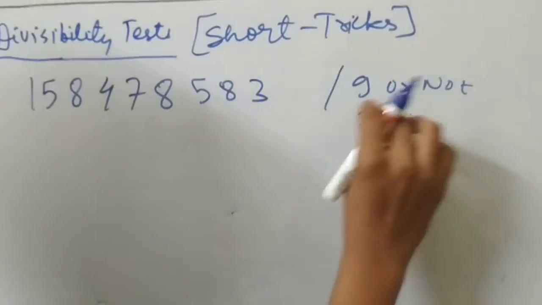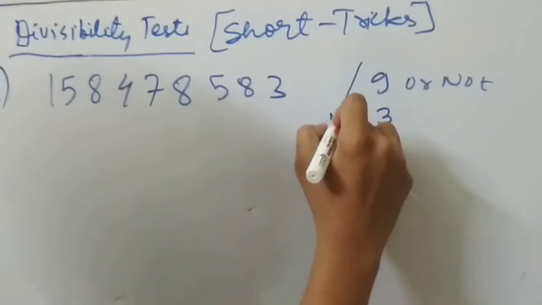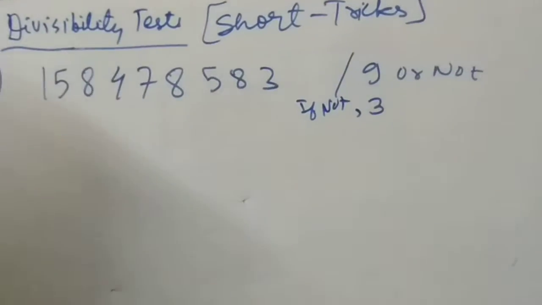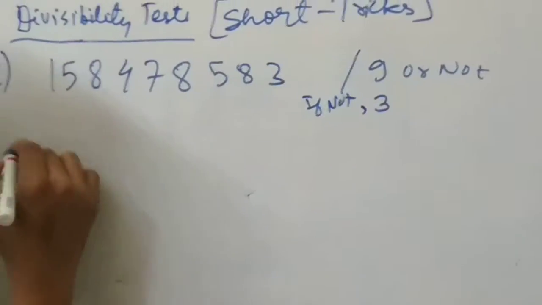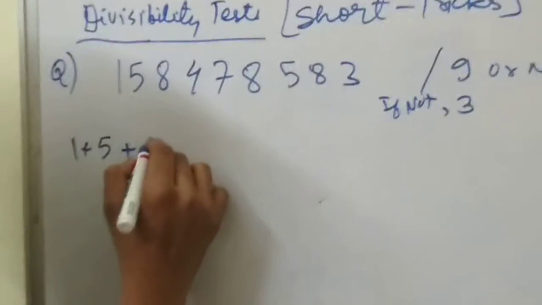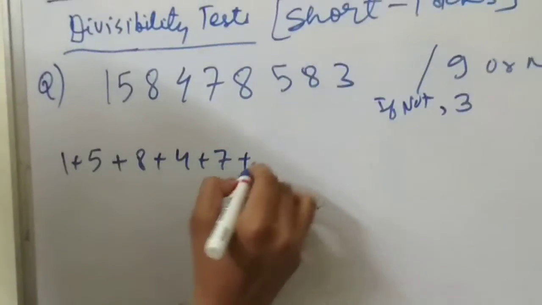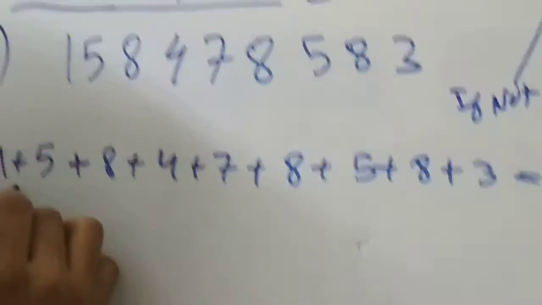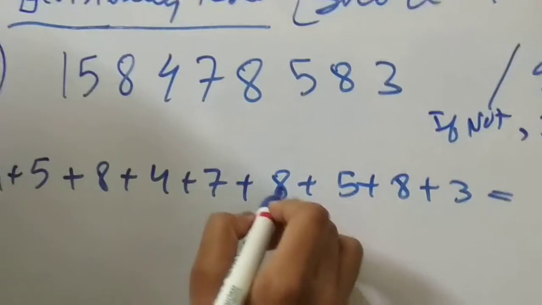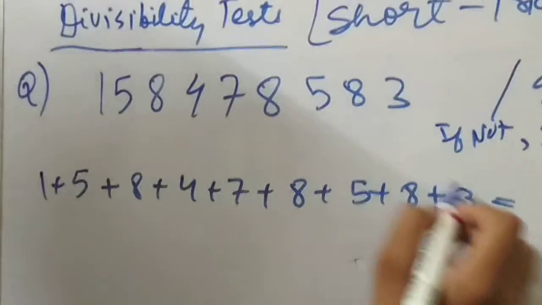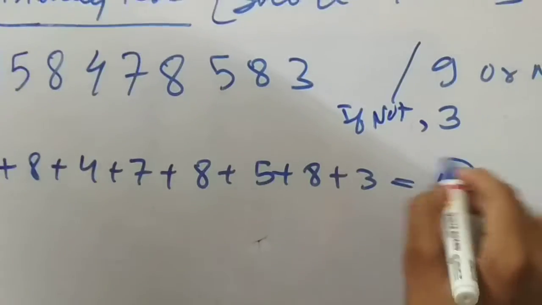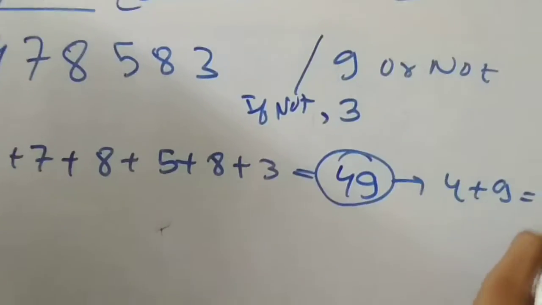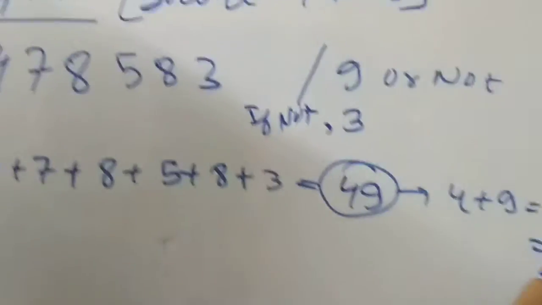Now let's add up all the digits: 1 plus 5 plus 8 plus 4 plus 7 plus 8 plus 5 plus 8 plus 3. 1 plus 5, 6, plus 8 is 14, 18, 25, 33, 38, 46, 49. 4 plus 9, 13. 1 plus 3, 4.